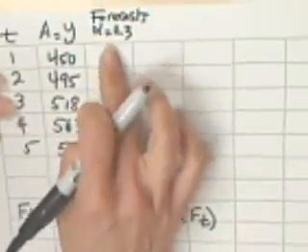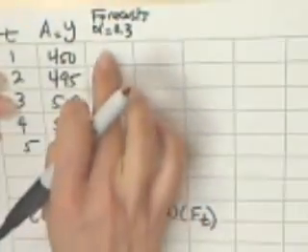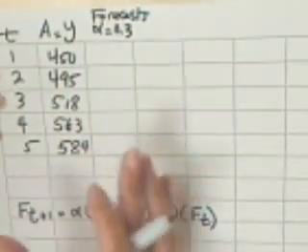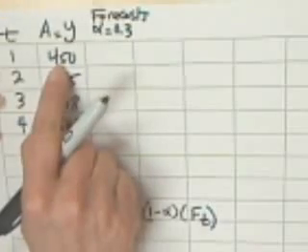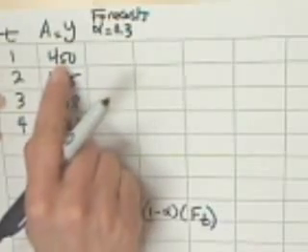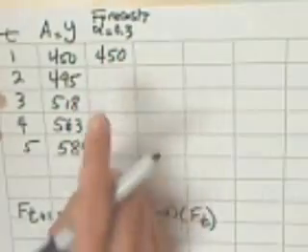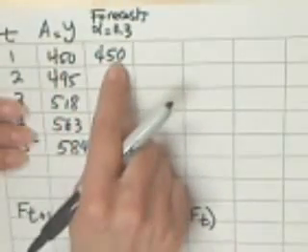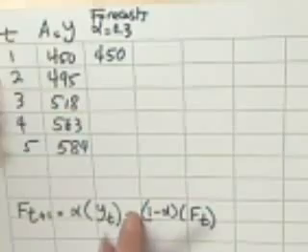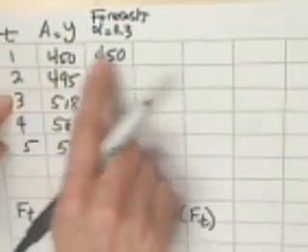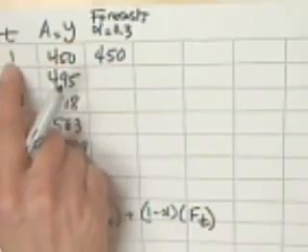As I said, you need a starting forecast value when you use single exponential smoothing. Let's assume that the 450 that we have as our actual for time period 1 is also our forecast for that same time period. So now I have actual at time period 1 and forecast for time period 1.